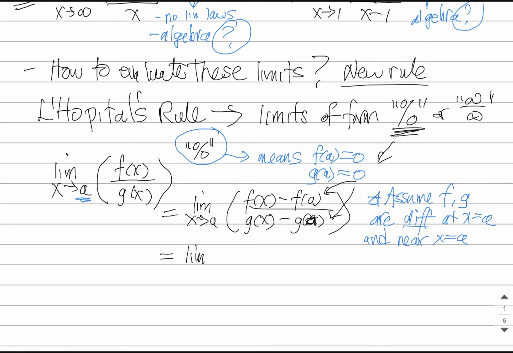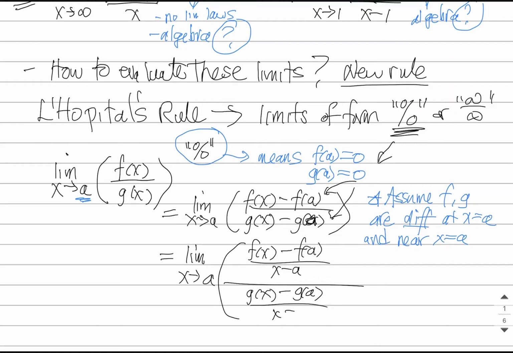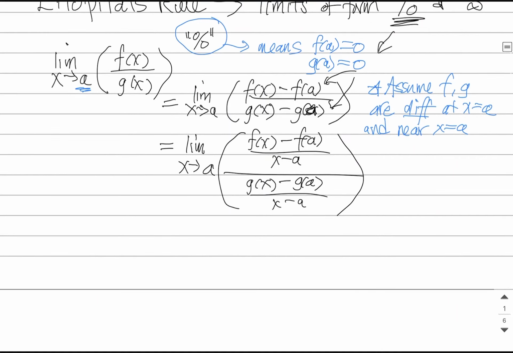And now we go ahead and we say, okay, I'm going to try to rewrite this limit so that it looks like it contains derivatives. And in particular, I am going to rewrite this and put an x minus a in the denominator of both limits. That's completely reasonable because x will never get equal to a in a limit.